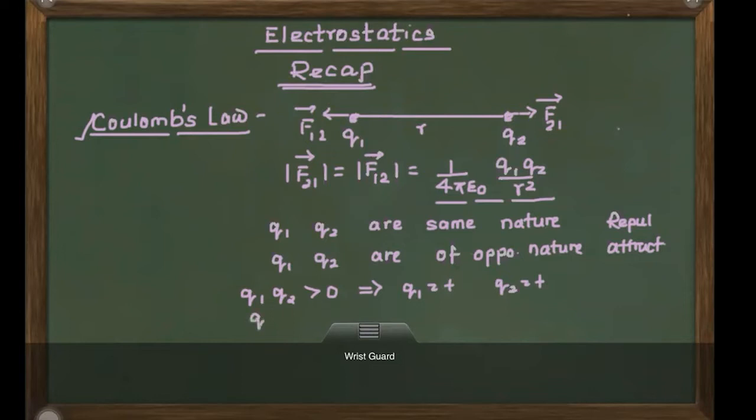And if I'm writing Q1 Q2 is less than 0, it implies that if Q1 is positive, Q2 is negative, and if Q1 is negative, Q2 is positive. Here, if Q1 is negative, Q2 must be negative. So in this case, the repulsive force will be there. So they will repel, and here they will attract.